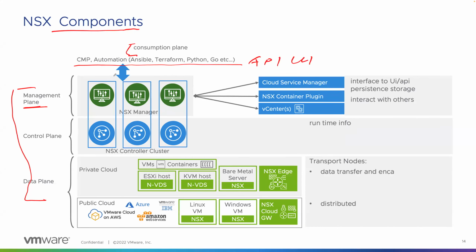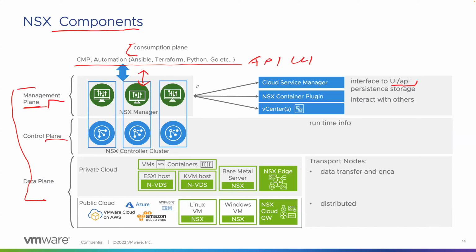Within NSX, we have 3 planes: management plane. Management plane is used to build the user interface and API. It has responsibility to take care of this interface to the upper layer.